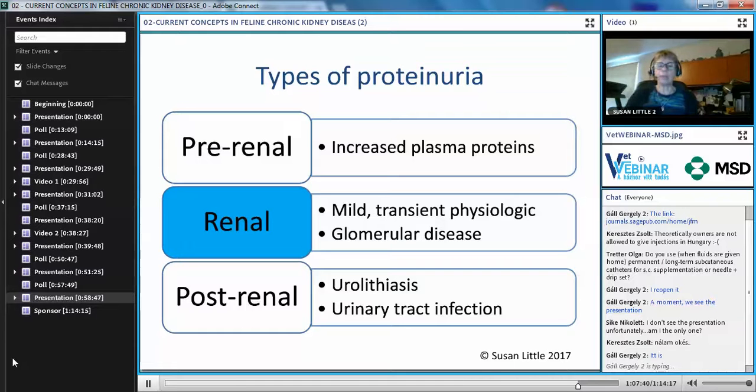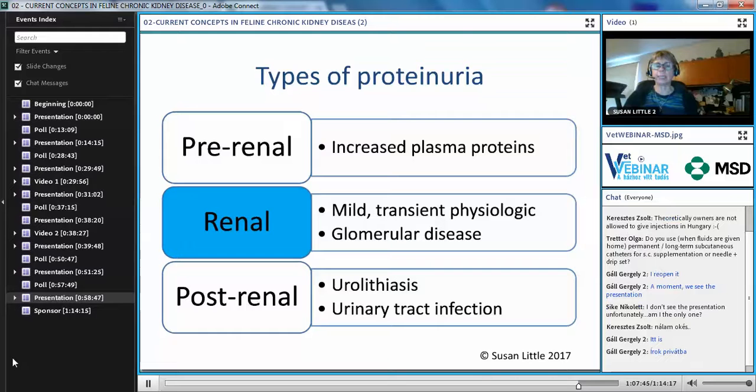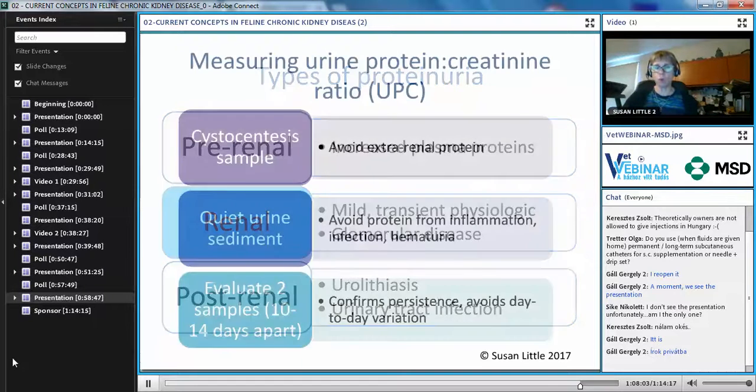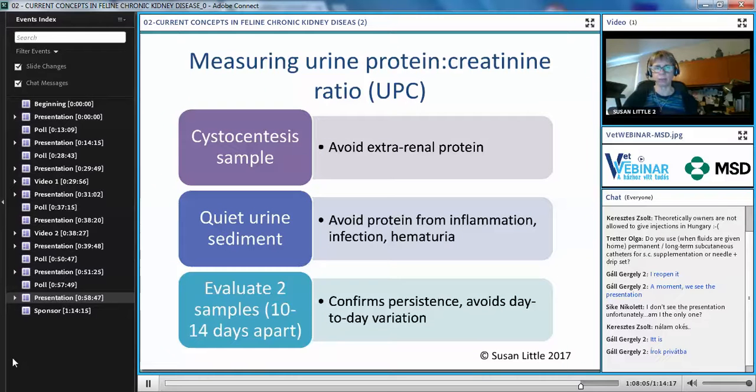It can be mild or transient, which is why we usually would want to see proteinuria present on more than one occasion to be sure it's persistent. And it is associated more with glomerular damage, so that's what we're looking for. And then there are cats that have post-renal protein, and that's protein that comes from the lower urinary tract, either because they've got urinary stones or they have a urinary tract infection. So what we're looking for in this context is only the renal proteinuria.